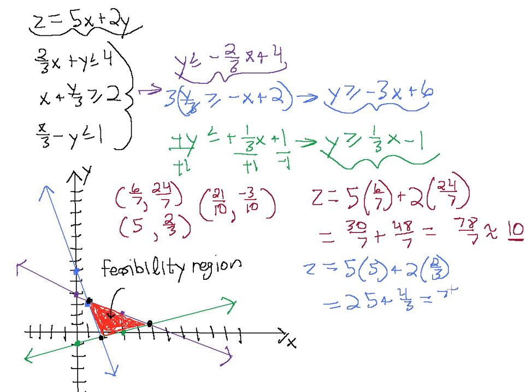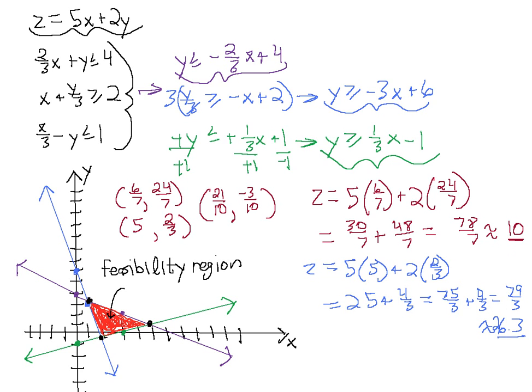We can call 25 75/3 plus 4/3, which will give us 79/3. 79/3 is approximately 26.3. Okay, so that's actually much higher than 10.